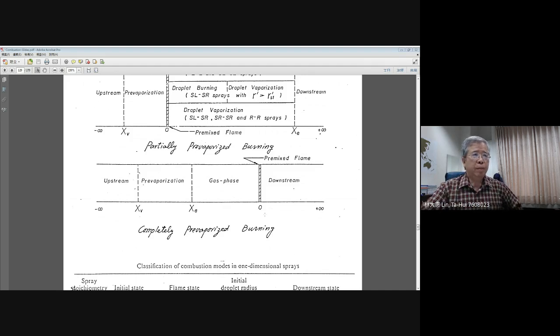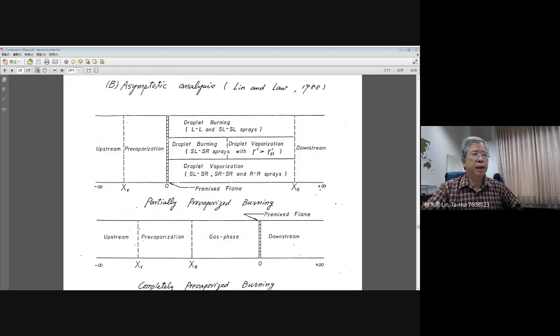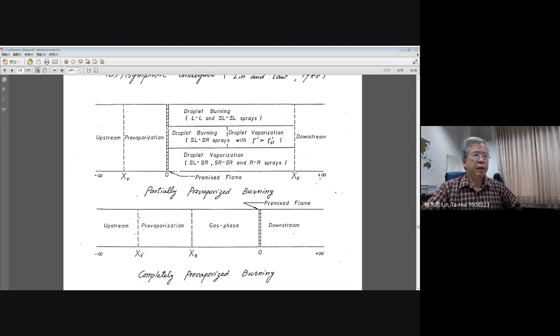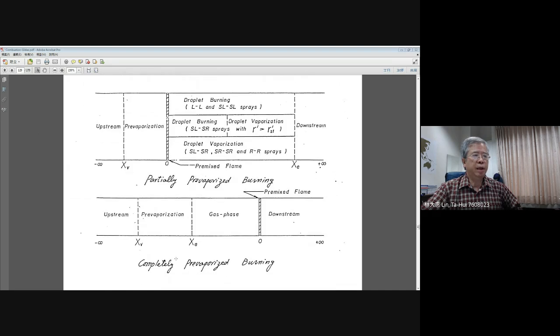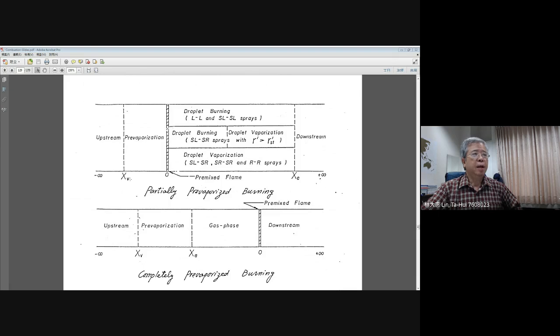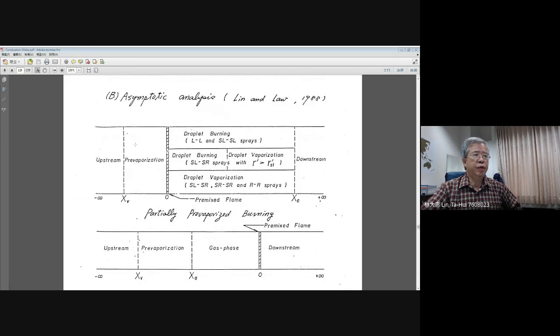But for the so-called partial pre-vaporized burning, that means they start to evaporate at x equal to xv, very similar to the previous case. But the droplets cannot finish the evaporation in the preheating zone of the premixed flame. Then you may have droplets existing in the downstream, and you will have several possibilities to describe different kinds of droplet behavior.